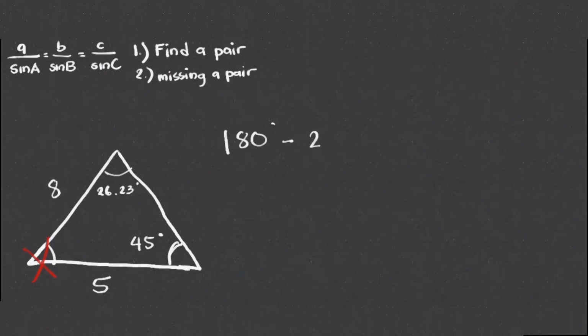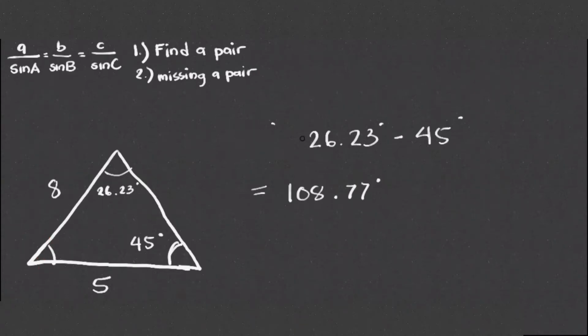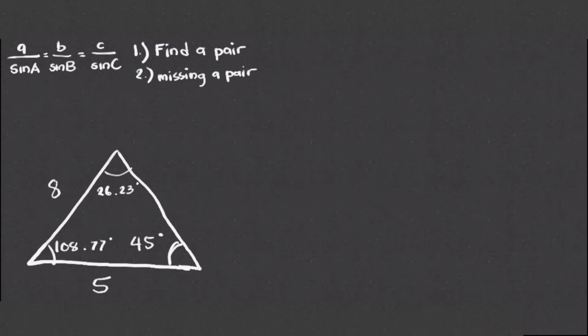So 180 degrees minus 26.23 degrees minus 45 degrees. So therefore, that angle that is missing is equal to 108.77 degrees. The drawing might not be accurate, but at least the values are correct.